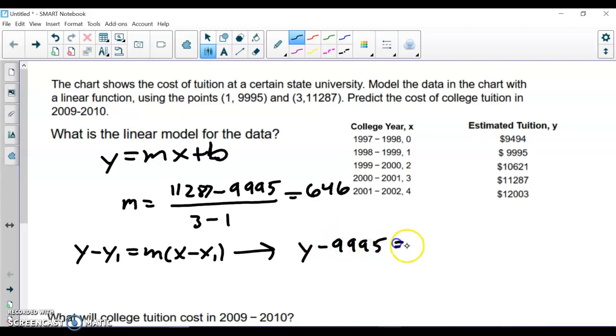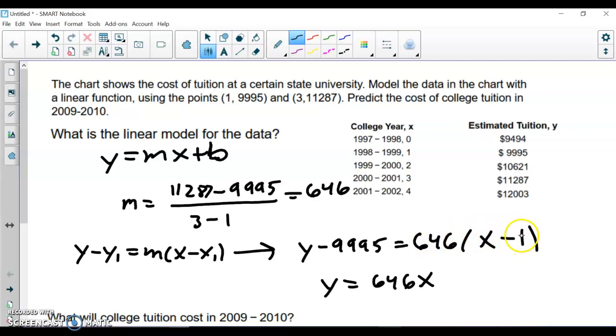y minus 9995 equals, we found our slope m to be 646, times x, that's the x in the equation, minus x1, the x value that's tied to whatever y value we use. In this case, it's a 1. And then from there, it's just a matter of solving for y. So I'll distribute this 646 into that x, and it's going to be a negative 646 when you distribute.